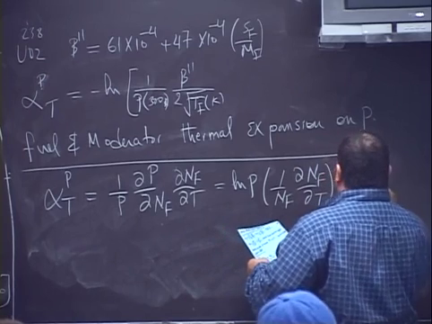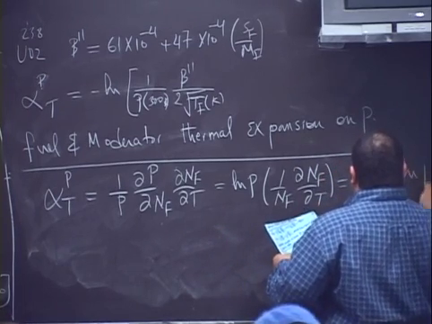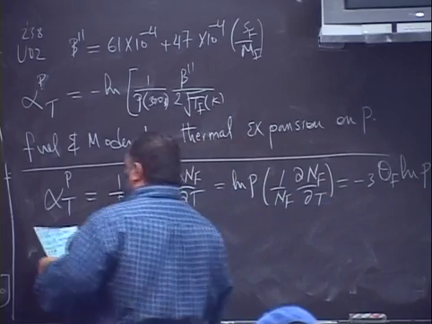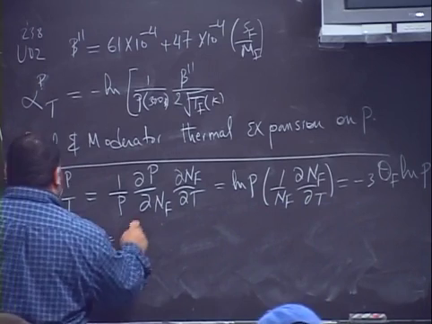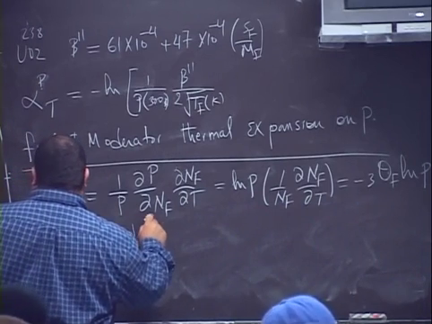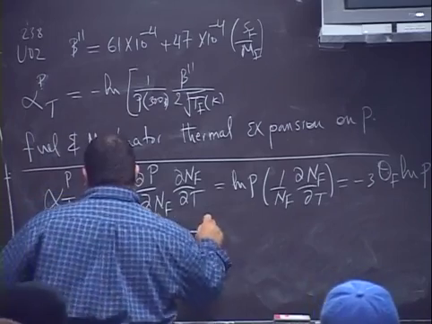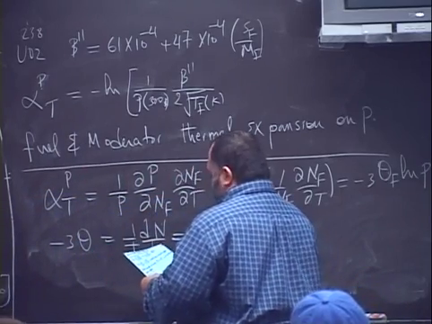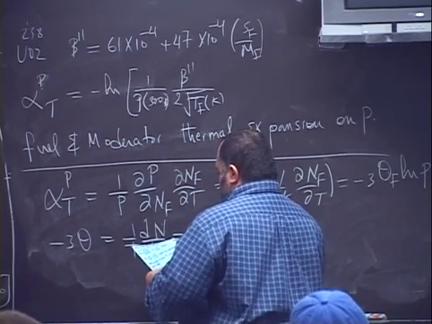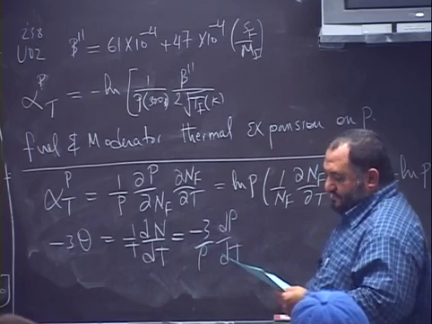And this will give you negative 3 theta_F ln P, where negative 3 theta is 1 over N dN by dT, which is equal to 3 over rho d rho by dT. Rho here is not the reactivity.